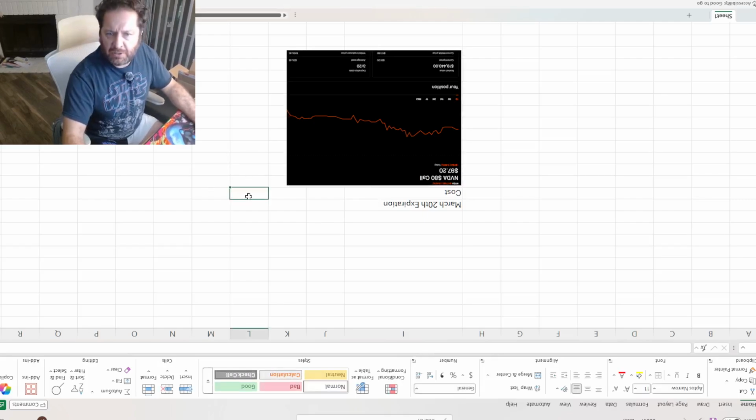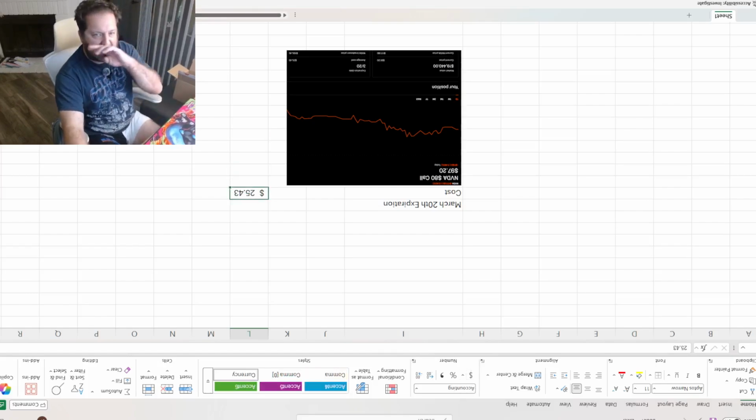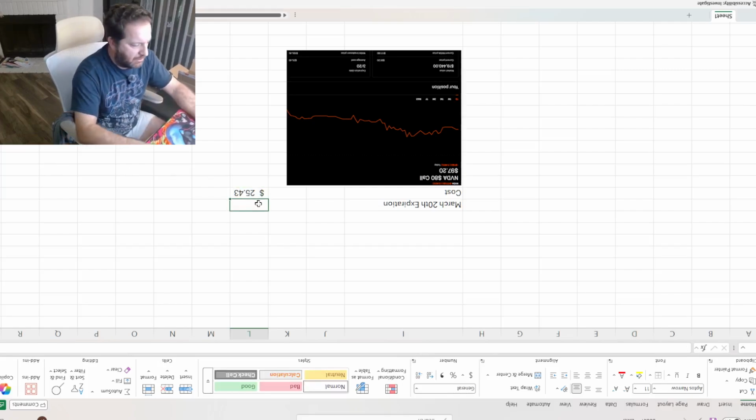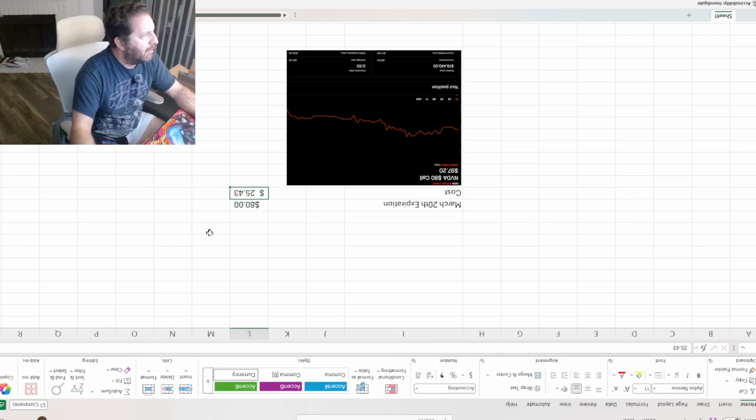Cost is going to be $25.43, and this is a number currency. What's your cost, right? This is an Nvidia call option. Okay.